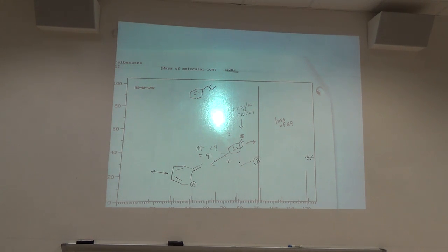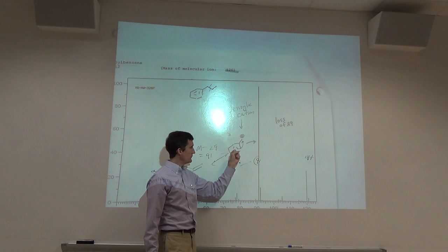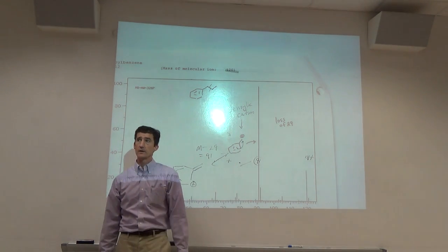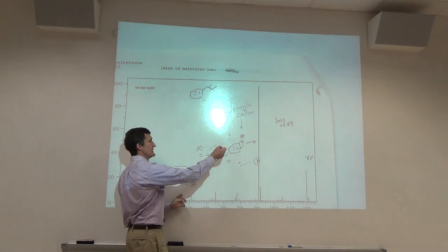We'll hear that term later, including in organic too. Benzylic cations are resonance stabilized. They're going to be very favorable to form. The basic one with just the benzene ring and the CH2 there is 91. You very often see 91 in a mass spec, being just a simple benzylic cation.